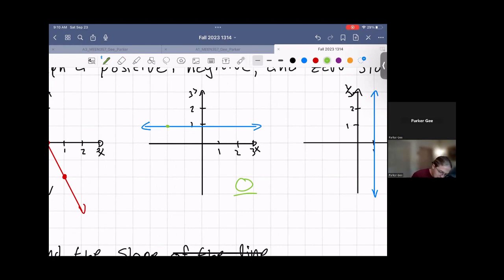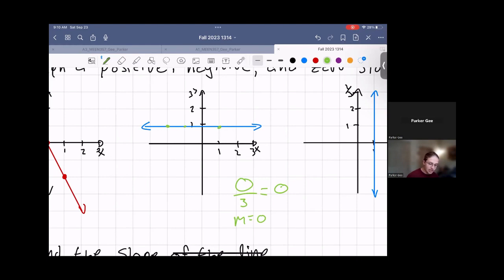But we can just choose some points, and let's just say it ran 3. 0 over 3 is just 0. So that's how we know that our slope is 0, or it's a horizontal line. That also represents a 0 slope. So m is equal to 0.